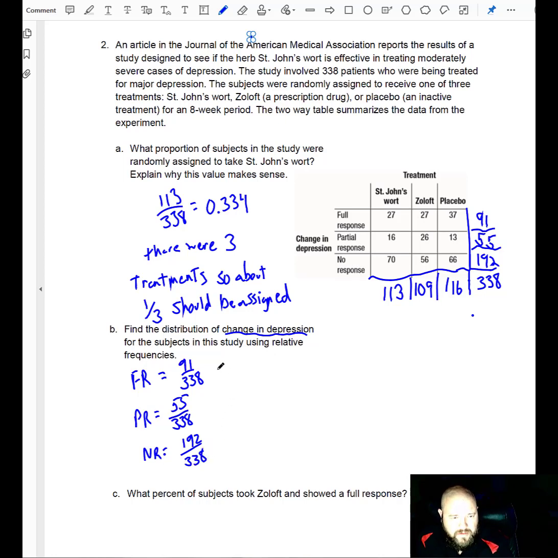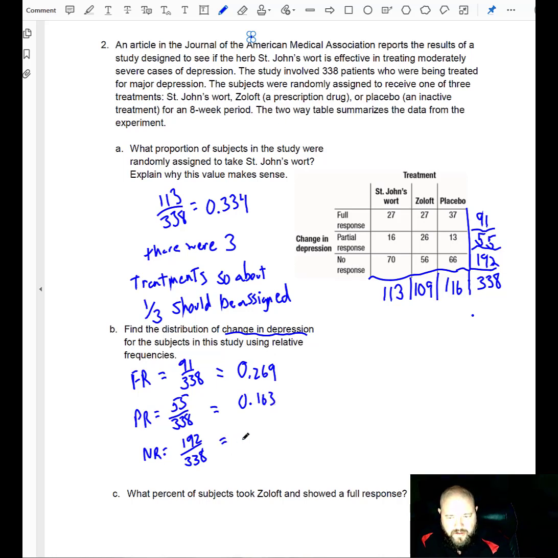And with those, I already used calculations, so instead of pulling out the calculator to do these, this should give us 0.269. For the partial, this should give us 0.163.